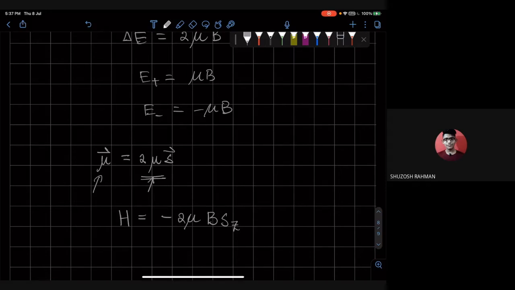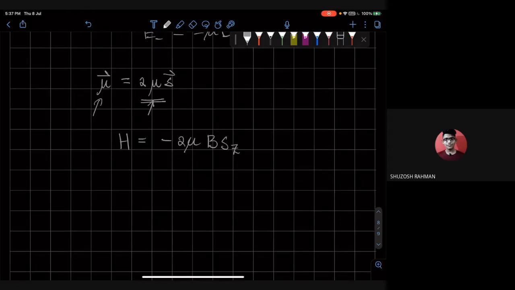This is our Hamiltonian, so it's a 2x2 matrix. But classically, we want to know what are the forces on the spin up state as opposed to the spin down state.